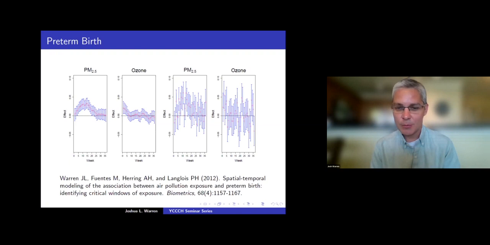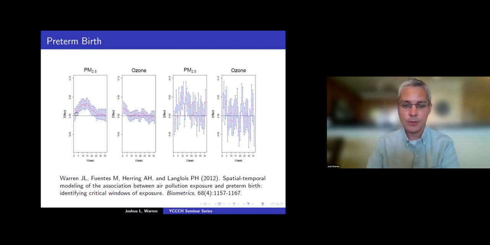What we're talking about with these critical windows is exactly what you're seeing: periods where these risk ratios exclude zero. These risk parameters aren't on any particular scale that's easy to interpret, unfortunately. But this means that elevated exposure during pregnancy week 10, for example, leads to an increase in preterm birth risk.